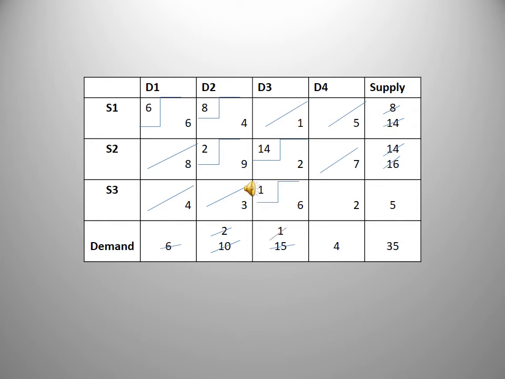Now the cell 3,3 is the northwest corner cell. The fifth allocation is made to this cell. Minimum of demand and supply corresponding to the northwest corner cell, 5 and 1, is 1, which is allocated in the cell 3,3.